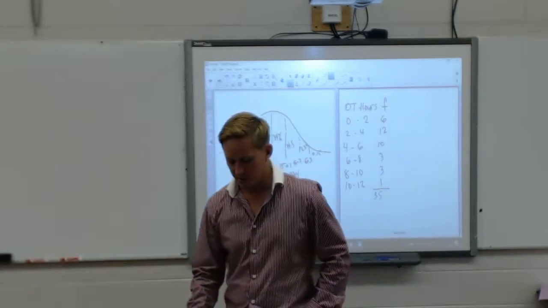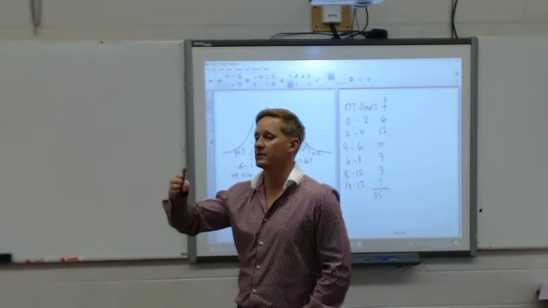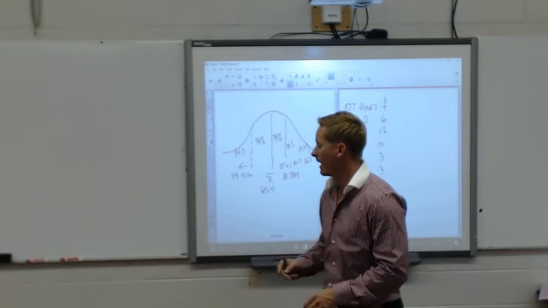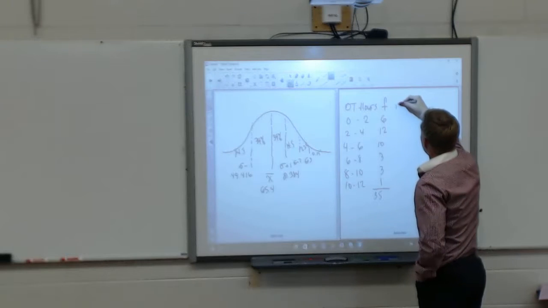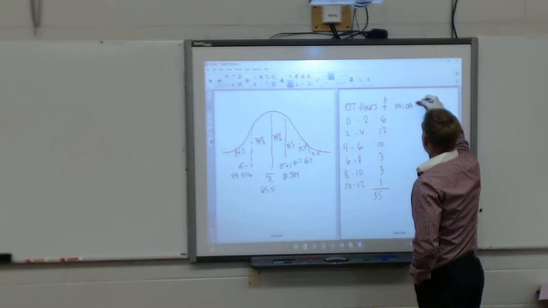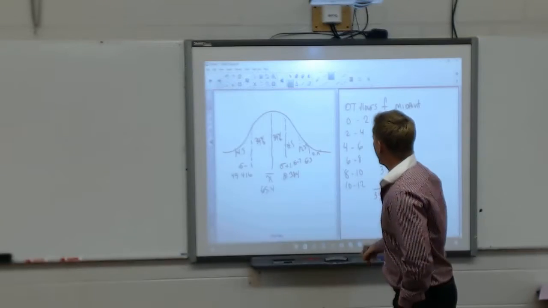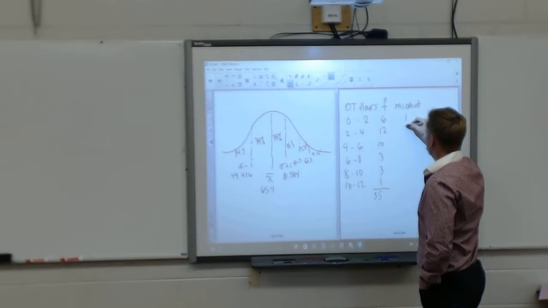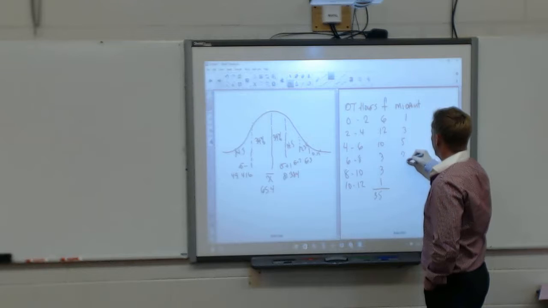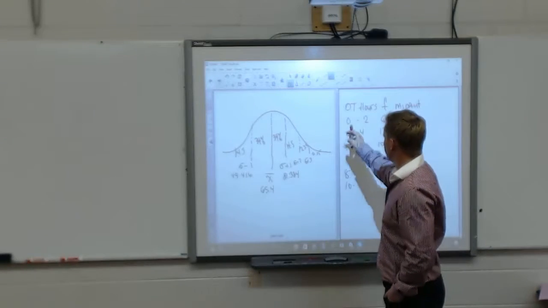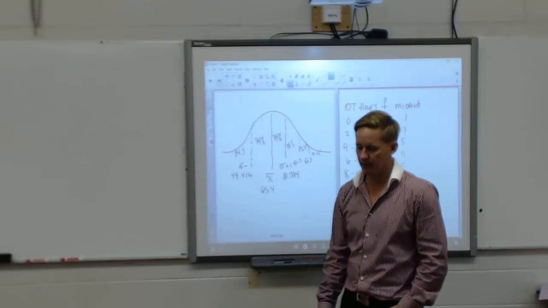Now what we do is we use, and this is the catch, this is the new part. This is not on the old graph, this is only for this type of graph. We have to find the midpoint of our intervals right here. So that is 1, 3, 5, 7, 9, and 11, right? That's what we got to find next.